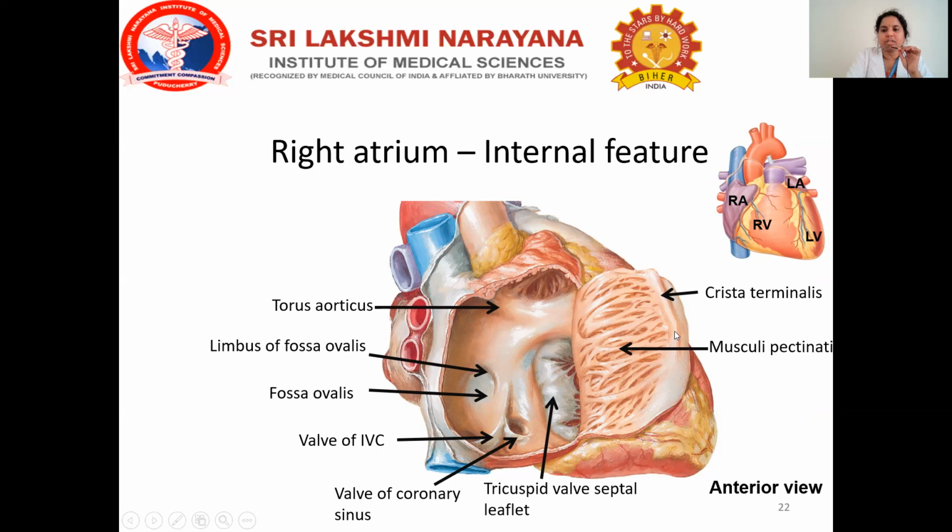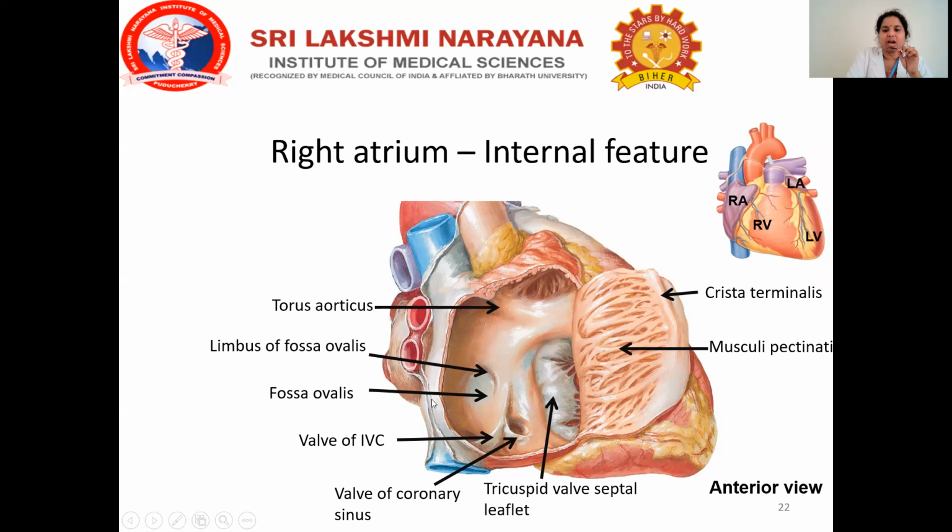This corresponds with the outer linear sulcus limitans. From the crista terminalis, many parallel linear elevations extend towards the anterior aspect of the heart in the form of a comb-like structure, forming musculi pectinati.